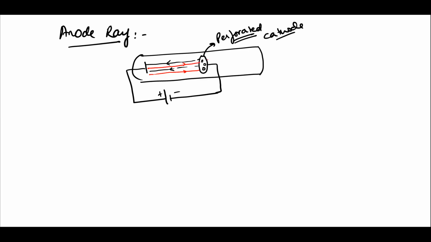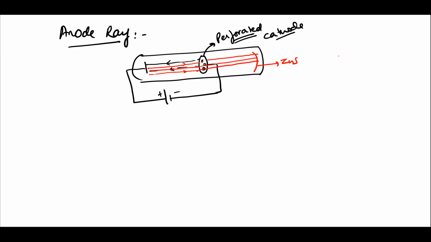He placed a zinc sulfide screen here, and these rays pass through the holes, and that's why they are called canal rays.